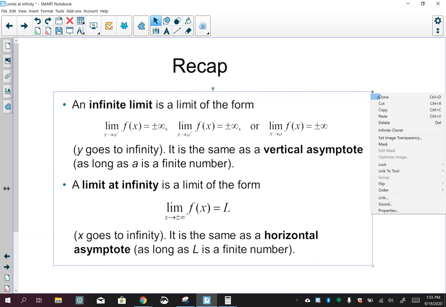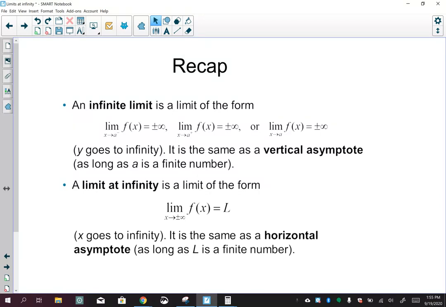So you want to know, am I going to be running along the x-axis? Am I actually going to be running along something? Or do I really not have a horizontal asymptote and I'm running out to being unbounded? That's going to be when you see this one right here.